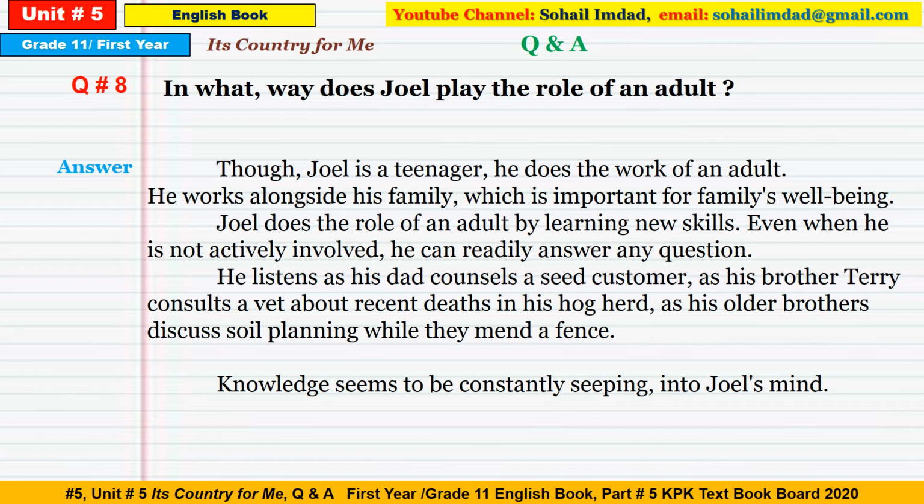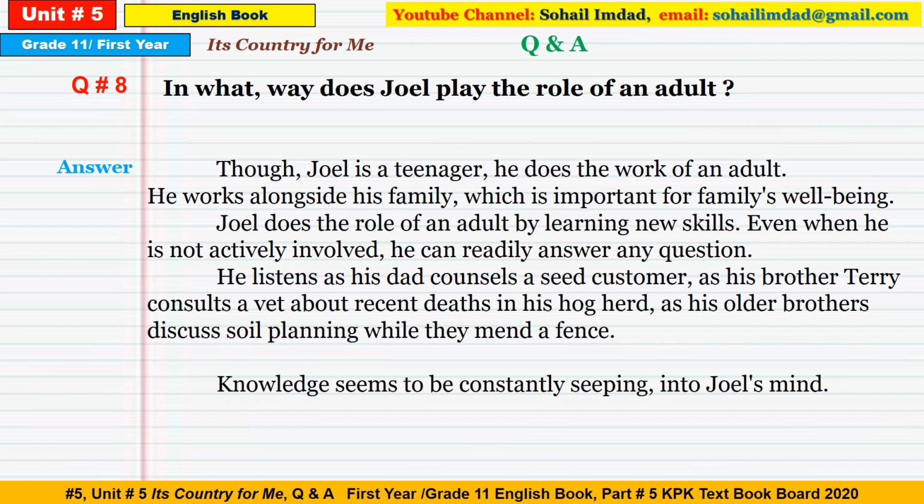Question number 8. In what way does Joel play the role of an adult? Answer. Though Joel is a teenager, he does the work of an adult. He works alongside his family, which is important for the family's well-being. Joel does the role of an adult by learning new skills.